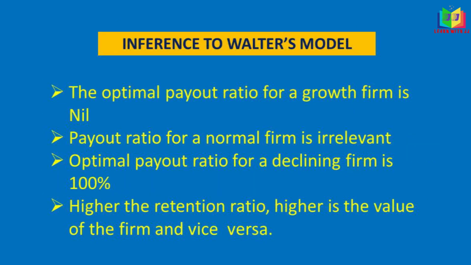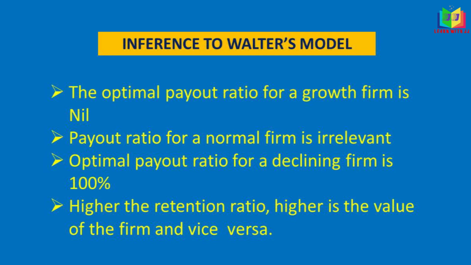The inference of this Walter model is that the optimum payout ratio for a growth firm is nil, that is 0%, because as we already said, for a growth firm it is better not to distribute the profit to the shareholders, it is better to retain the profit. Hence the optimum payout ratio for the growth firm is nil.